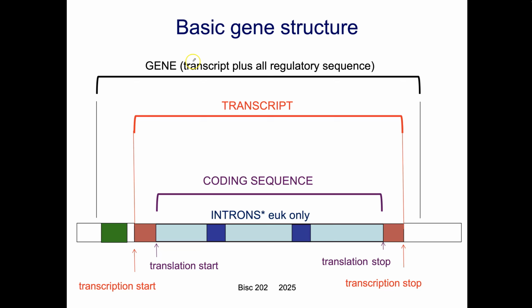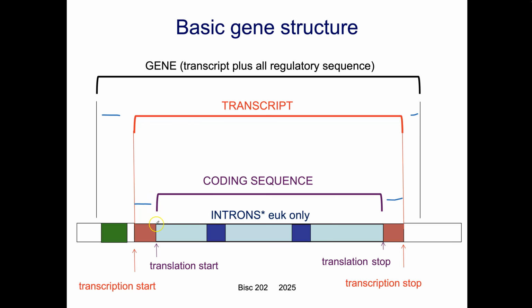The gene is basically the sequence that's going to be transcribed plus all regulatory sequences, which includes sequences to either side of the transcription unit. And then when the transcript is made, there is usually sequence at the beginning, a little bit at the end that is not translated. You have to have binding sites for ribosomes and so on for the transcript.